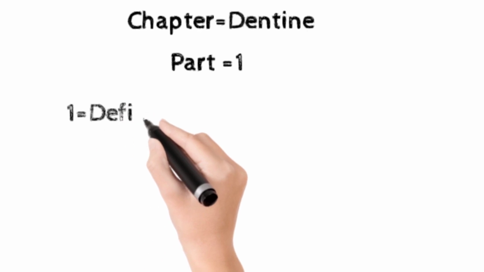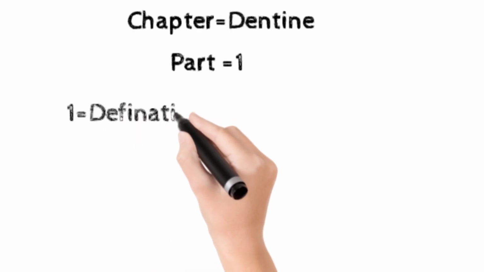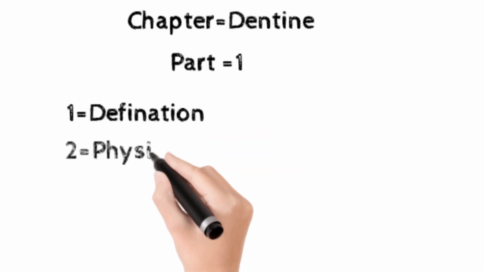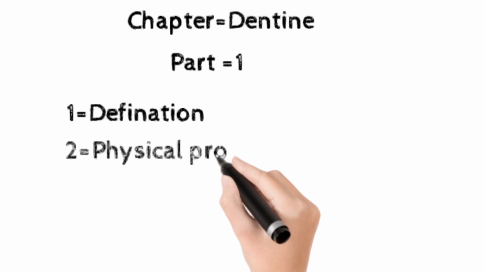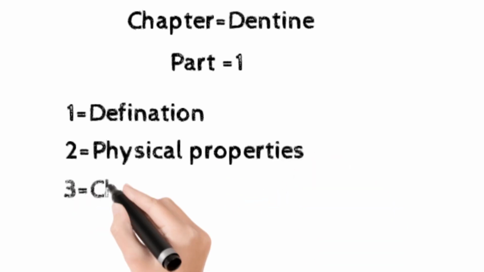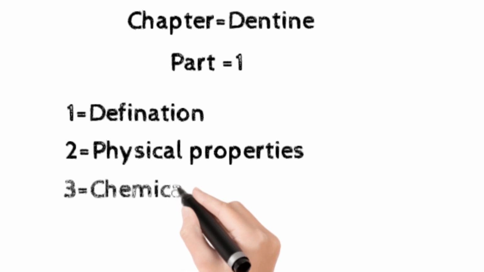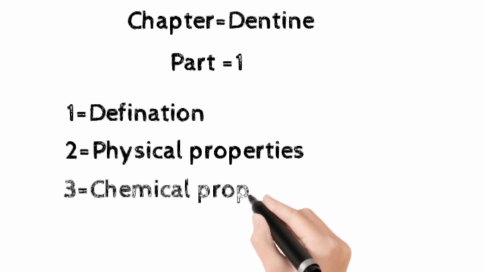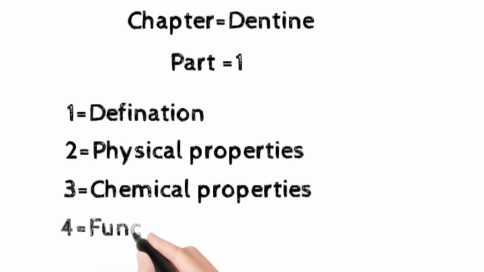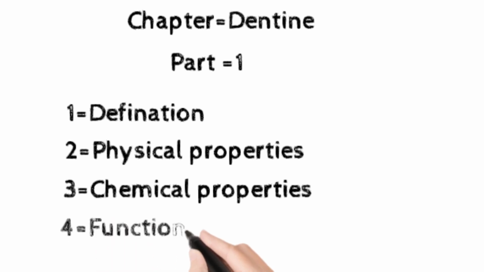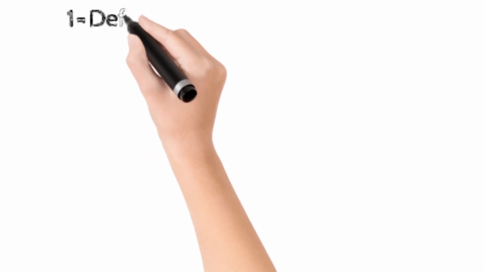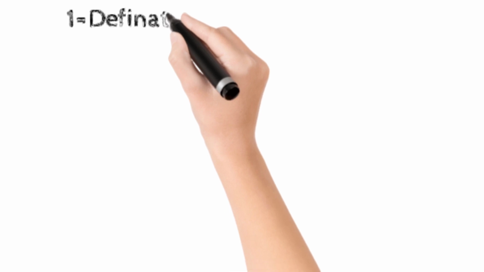Today's topic outline is: number 1, definition of dentin; number 2, physical properties of dentin; number 3, the chemical properties of dentin or composition of dentin; and the 4th topic is the function of dentin.